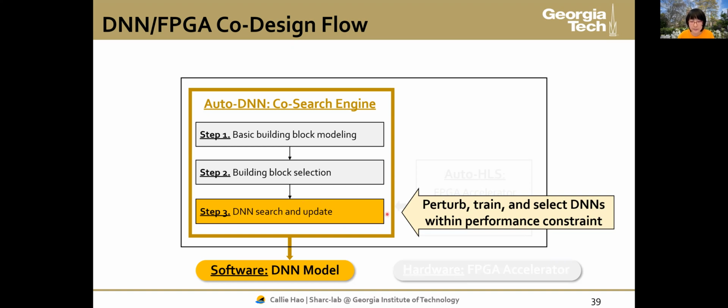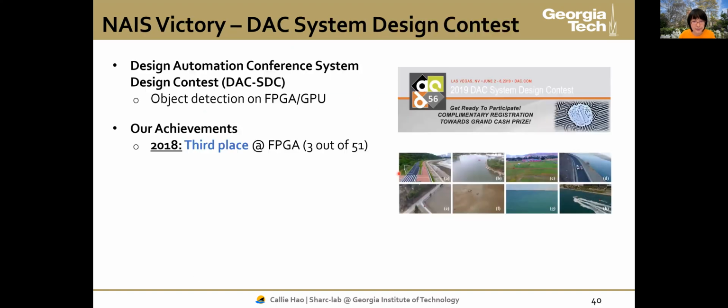In this step, we are going to perturb, train, and scale DNNs with a performance constraint. For example, you want to achieve 30 frames per second or 15 frames per second. You want to target a big device, or you want to target a smaller device. Okay, so this is how we do it in 3 steps.